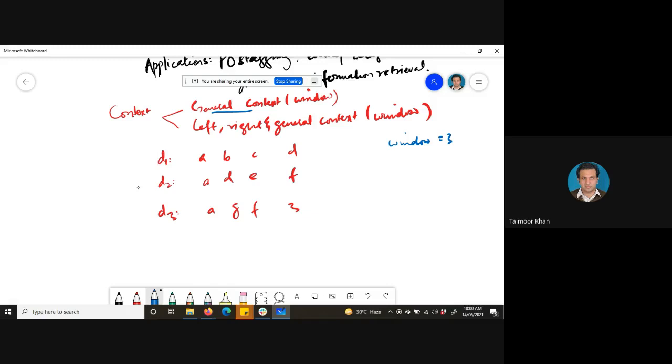So A has a context of B and C. Over here, A has a context of D and B, and over here, A has a context of G and F.